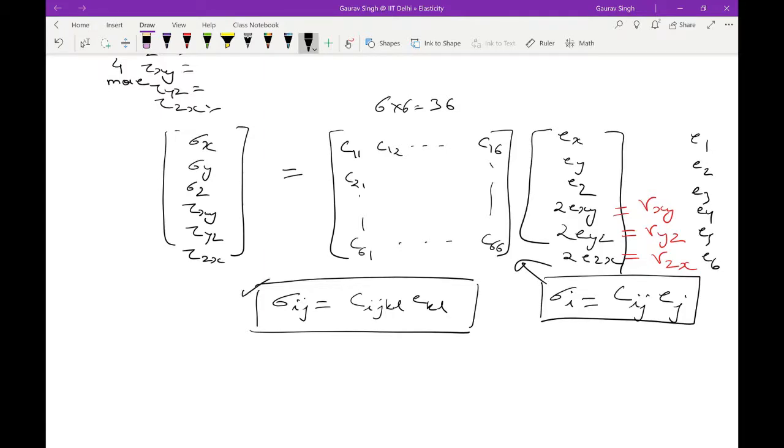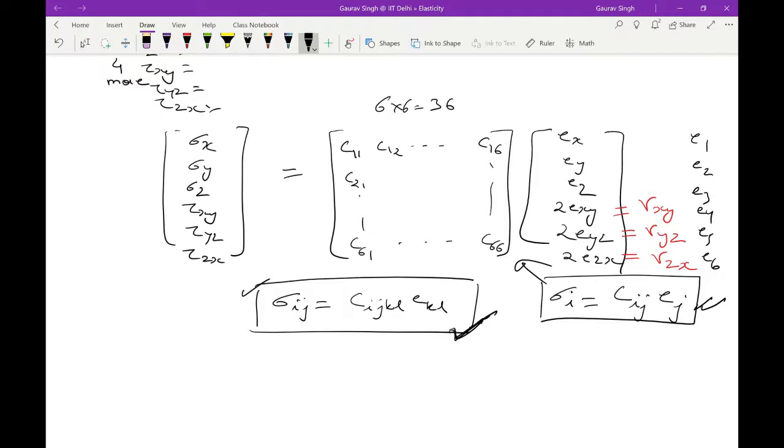So for now we'll be using this, and when we discuss anisotropic elasticity towards the end of this course, then we'll be using this form a lot. But for now, this is the thing to go for a few chapters to come. Okay, so Cijkl is a fourth order elasticity tensor. It is a tensor because it follows the transformation property which we had learned in the earlier discussions. Okay, and we'll use that quite often right now.